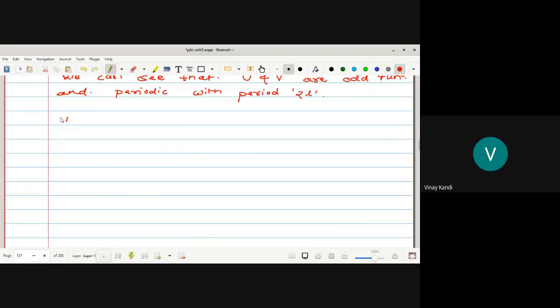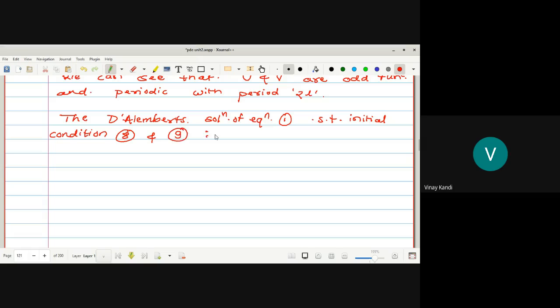Now the D'Alembert's solution of equation 1, subject to the initial conditions 8 and 9, is given by. कोणते दोन कंडिशन 8 and 9.